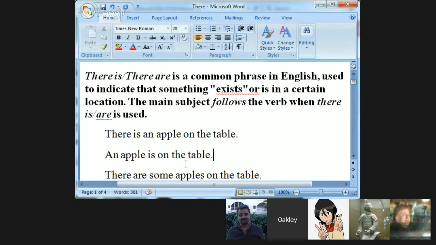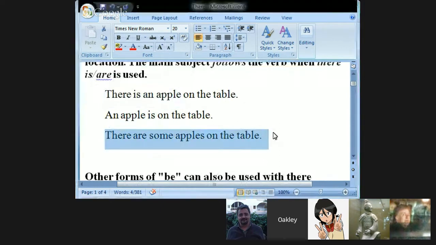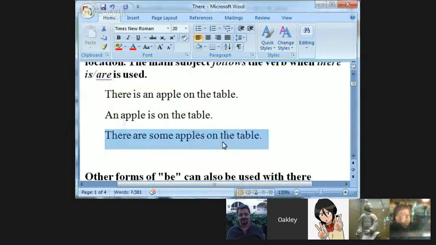So look at the difference there. An apple is, an apple. That's basically the rule you have to follow. There are some apples on the table. Some apples are on the table. Obviously, is for singular, one apple. Are is for plurals, some apples.